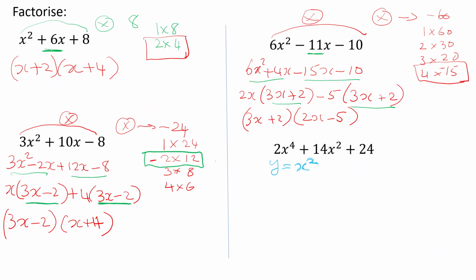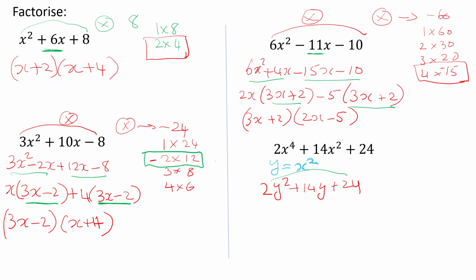I'm going to rewrite this expression as 2y squared plus 14y plus 24. Now I'm going to factorize this quadratic.